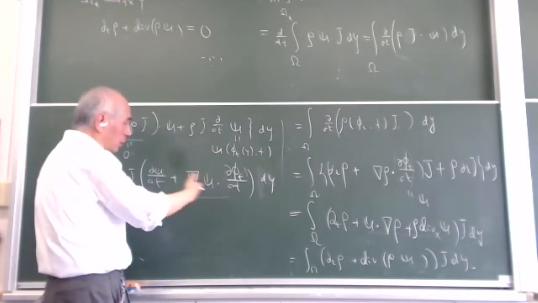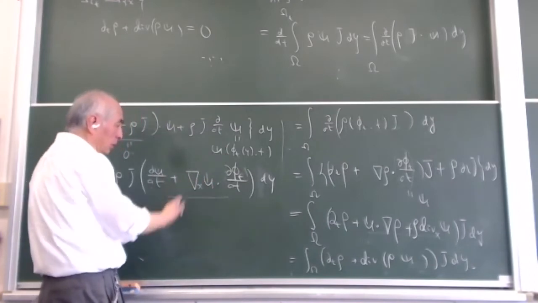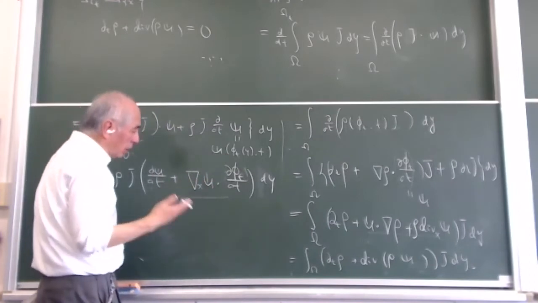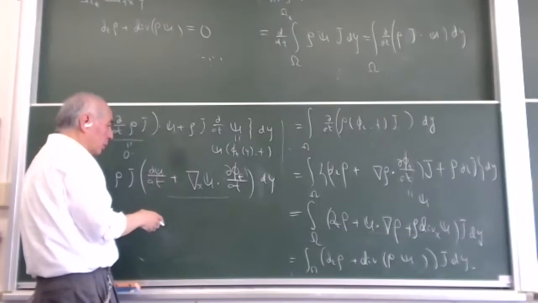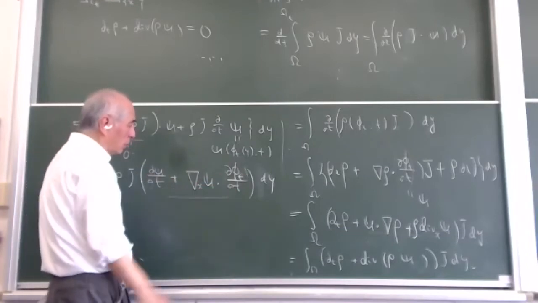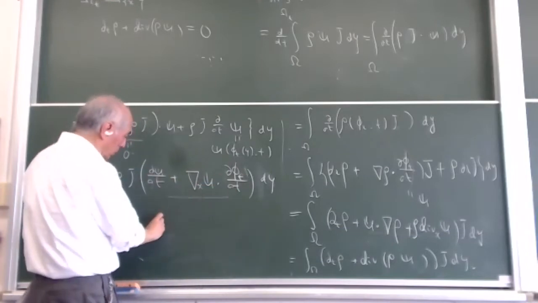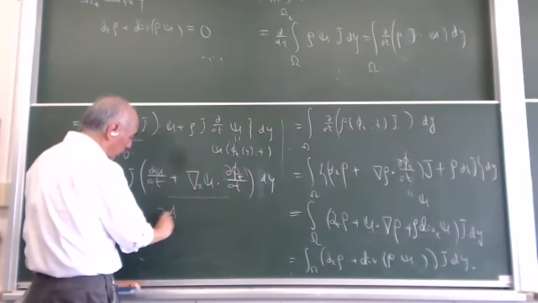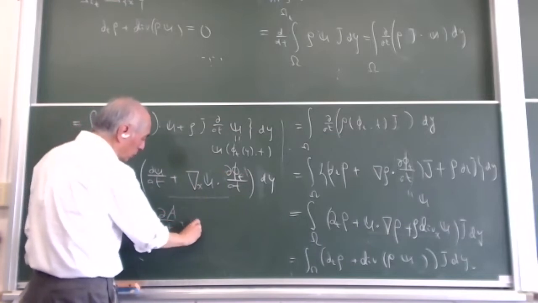Now we consider the flow velocity field, but if you consider any motion on some flow, then you always have the material derivative D over Dt.